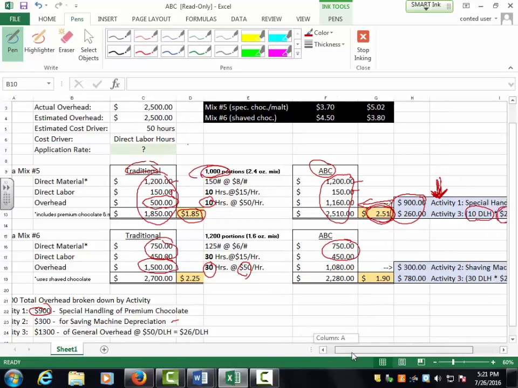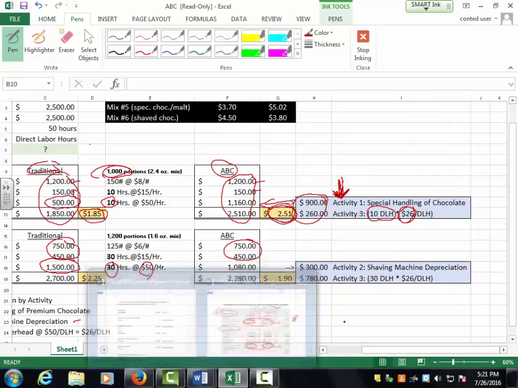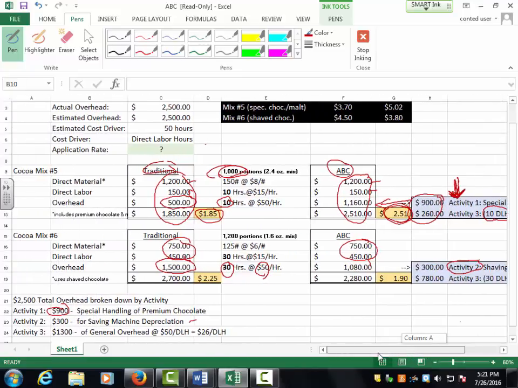But under activity-based costing, activity 2 only occurs because of the shaving machine, and recipe 6 uses the shaving machine, where recipe 5 was the handling of the special chocolate.